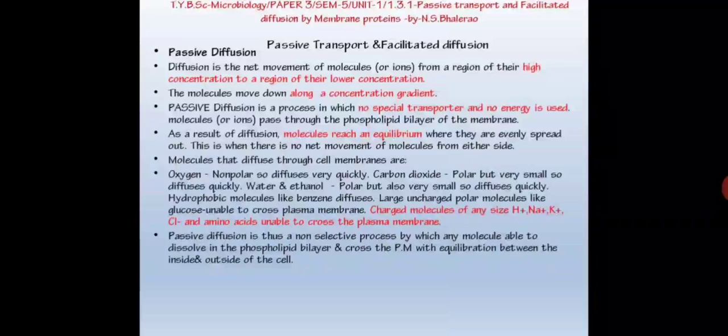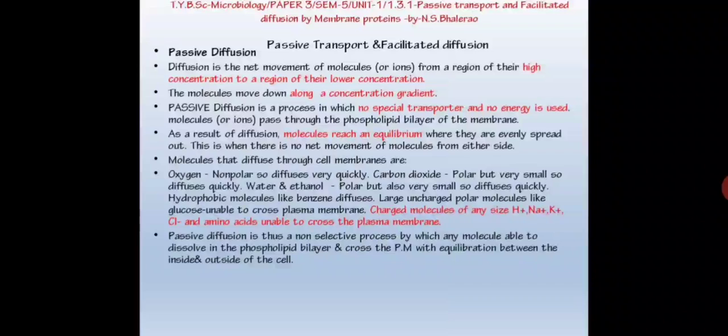Like the molecules of water and ethanol, which have a very small size. Though they are polar, due to the very small size they can easily diffuse across the plasma membrane through the phospholipids. Benzenes also diffuse across the plasma membrane through the phospholipids.